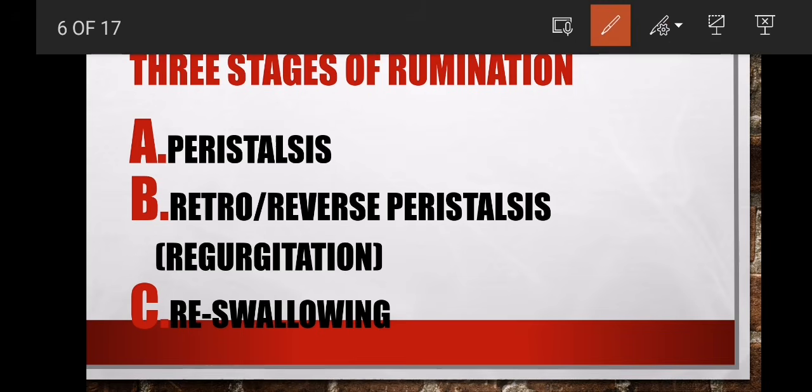Let's take note of this part before we move on. When the food enters for the first time, it will land into the rumen, and then it will go to the reticulum. Then the reticulum will push the food back to the mouth for what? For proper chewing.